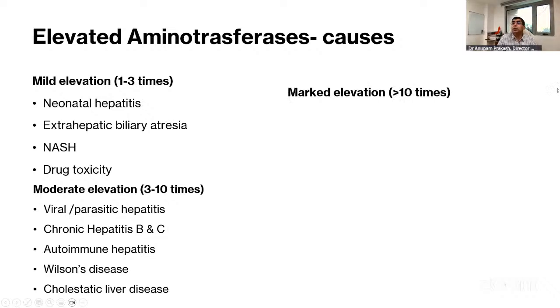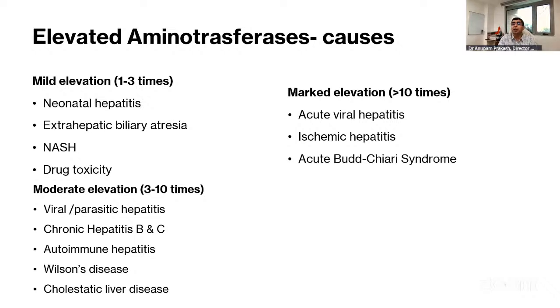Now, marked elevation, this is very important. So, if you have marked elevation, which is of the order of 600, 700, then you should think of toxic hepatitis and ischemic hepatitis. These two are the most common conditions where you should think. At times, fulminant hepatitis. So, acute viral hepatitis leading to fulminant hepatitis will also lead to a marked elevation of transaminases, and acute Budd-Chiari syndrome.